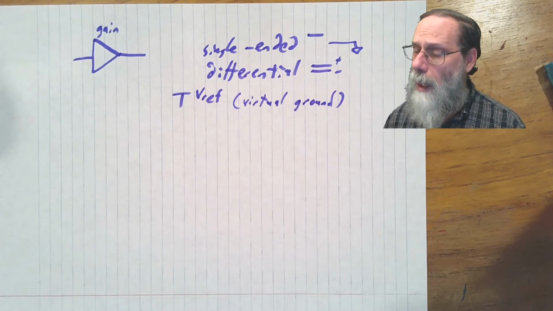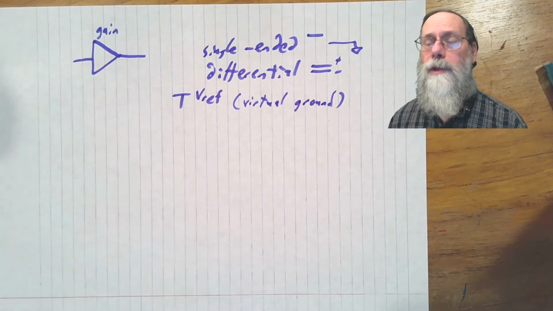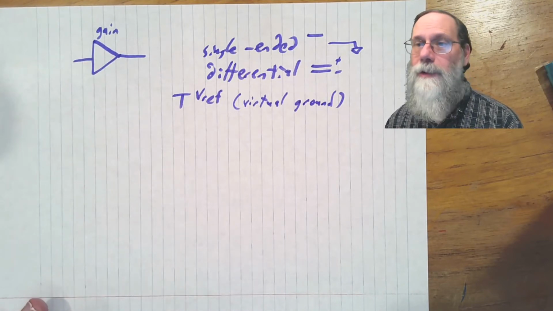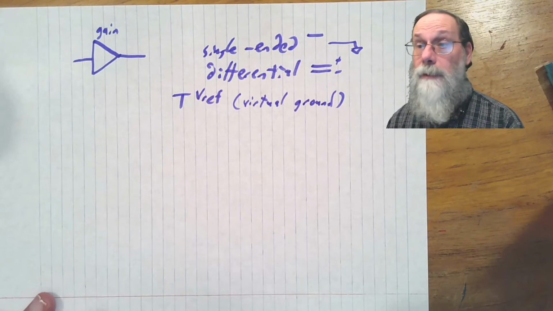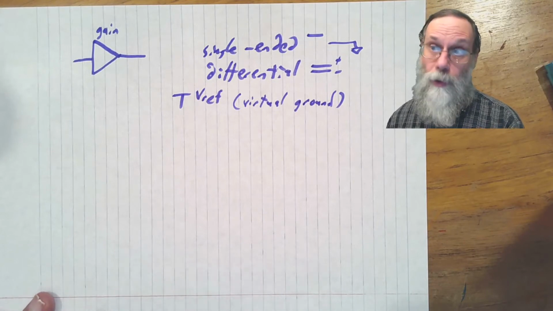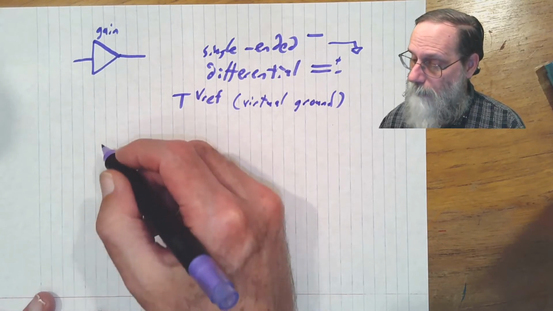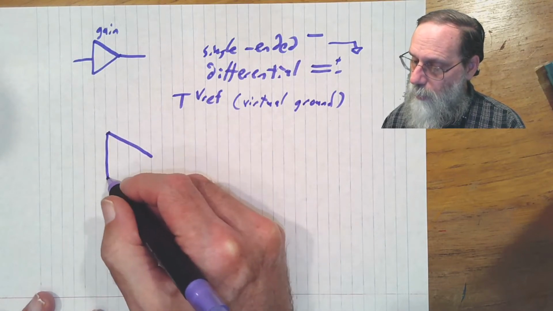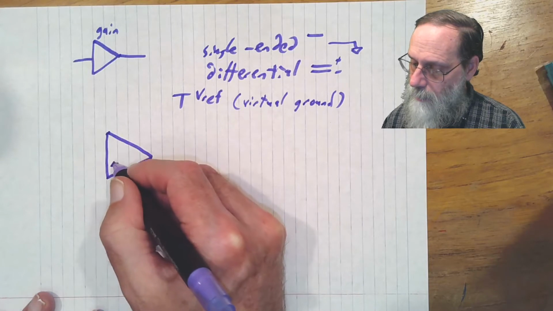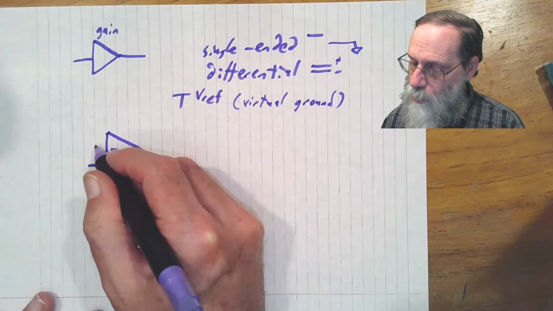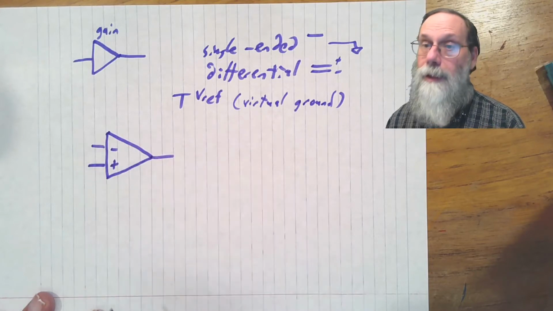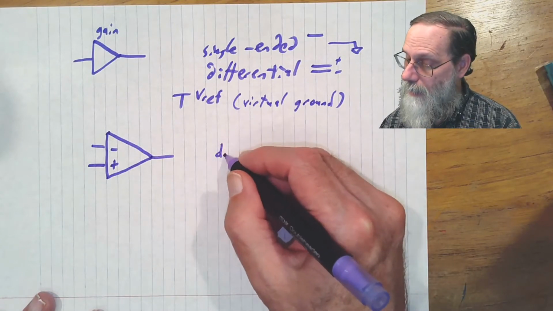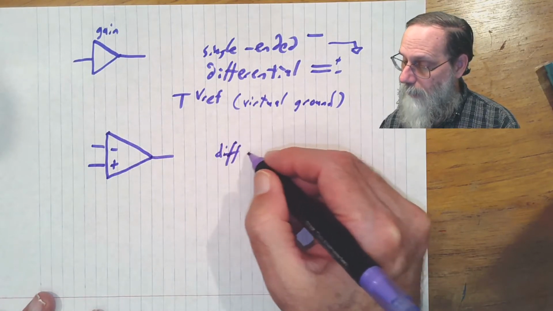Okay, so this is the block diagram. What's the schematic symbol? Well, we have several slight variants on the schematic symbol depending on whether we've got one wire or two wires that we're dealing with. One very common symbol that we'll use over and over in this class has got two inputs and an output. This is a differential amplifier.